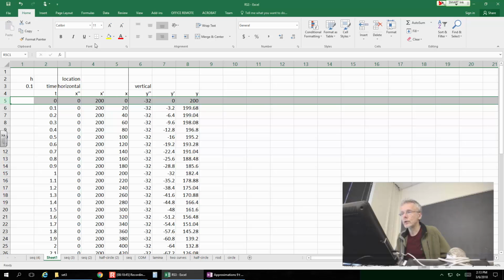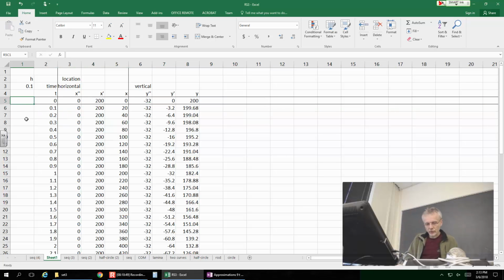And this one is a crucial part. This is the initial conditions. The initial conditions here are the initial location and initial velocity. So these are the two horizontal, location and velocity, and here two vertical, location and velocity.